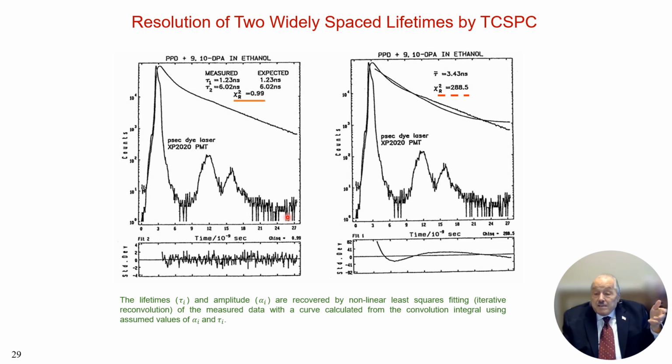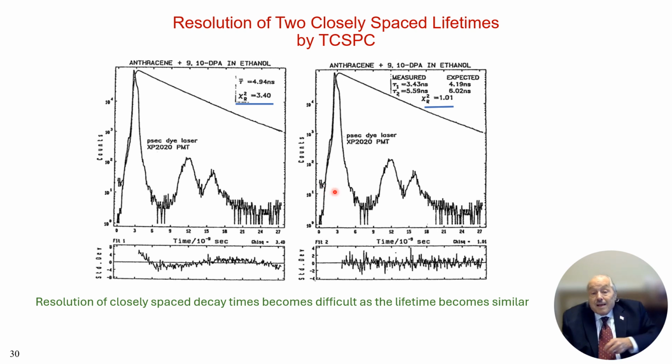So that's pretty easy to do, 1 and 6 nanoseconds. The reason I'm telling you this is because closely spaced exponentials are very difficult to resolve. I think the mathematicians have some theory on that.